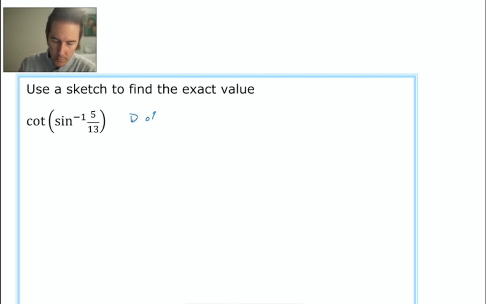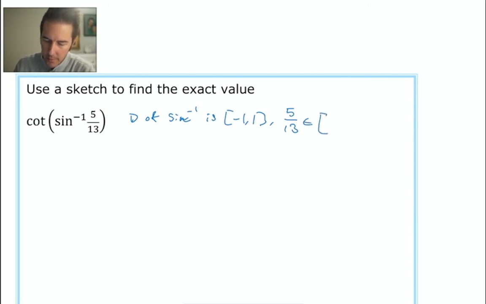Domain of inverse sine is -1 to +1. 5/13 is a member of that domain. So proceed.